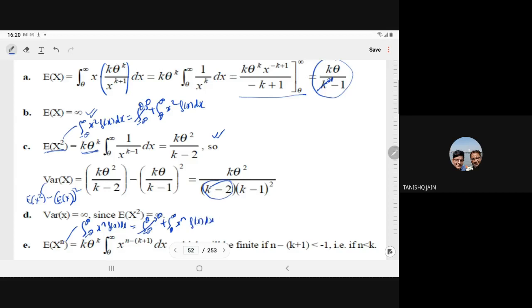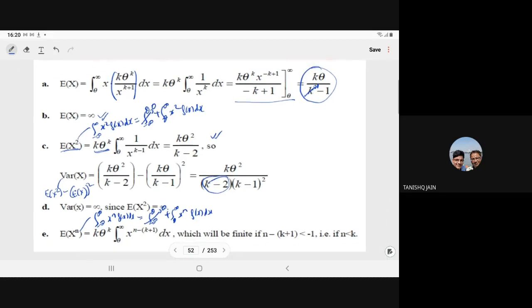Now this integral should exist. This integral can exist only when n minus k plus 1 is less than minus 1. Otherwise you cannot integrate this integral, because for the upper limit we have the problem. So n minus k plus 1 should be less than minus 1, which implies n should be less than k.